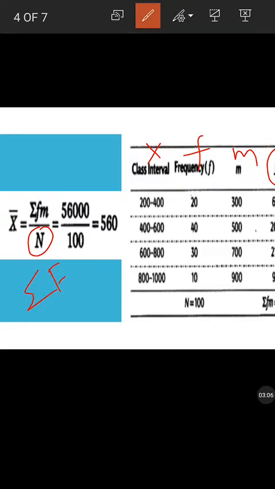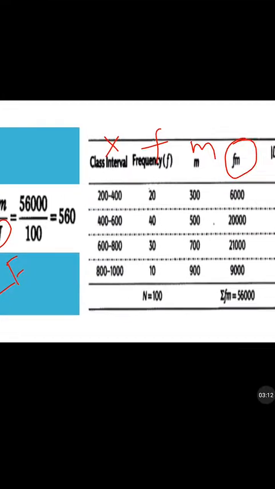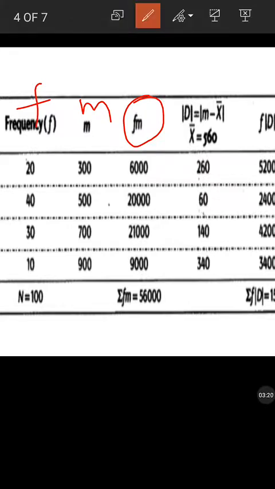So x bar is equal to summation f into m divided by summation f. So what is the value for summation fm? Summation fm is 56,000, and the n value is 100. So summation fm is 56,000 divided by 100. That is the mean value.